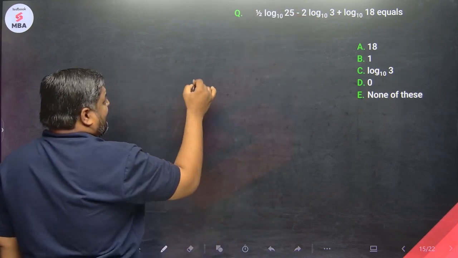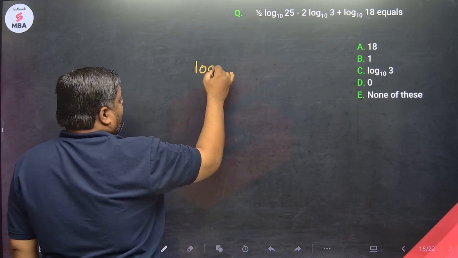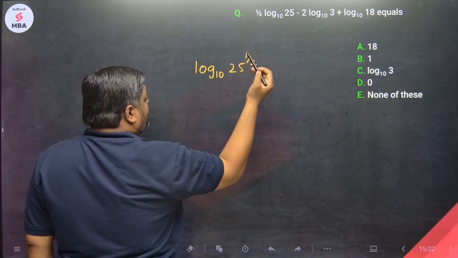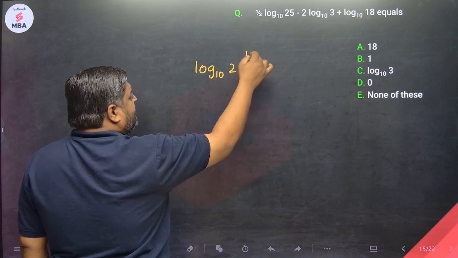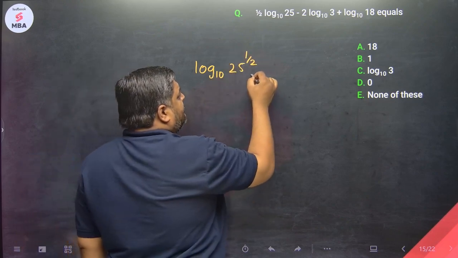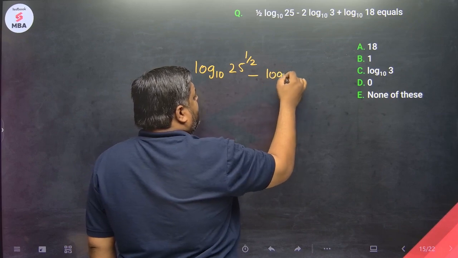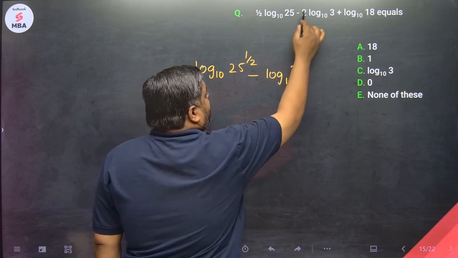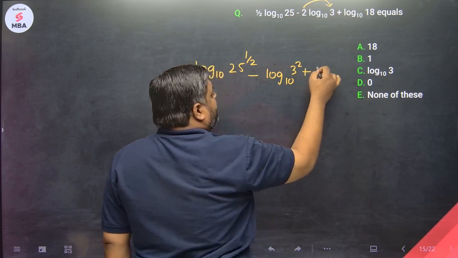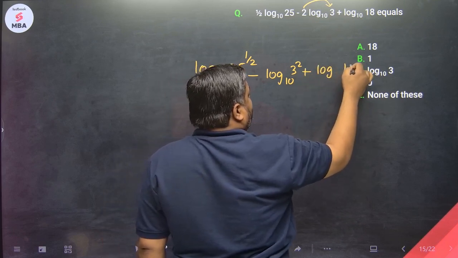Yes or no? We can rewrite that as log 10 25 raised to the power half. Raised to the power half मतलब एक तरीके से square root होता है इसका मतलब, right? Minus log 3 to the base 10 3 square. ये भी आ जाएगा square में. Plus log 18 to the base 10.